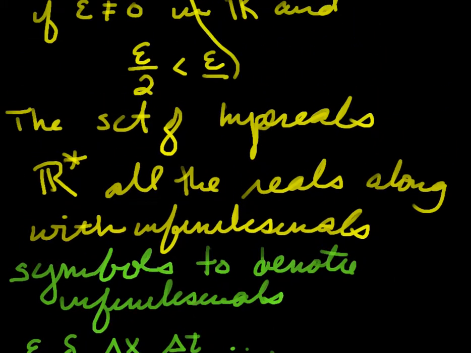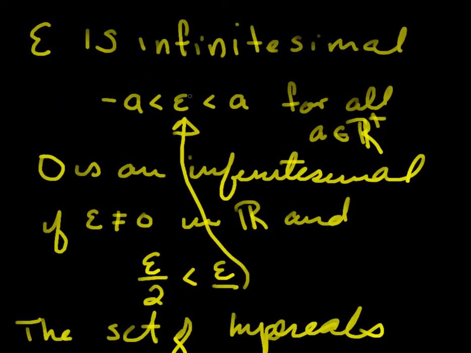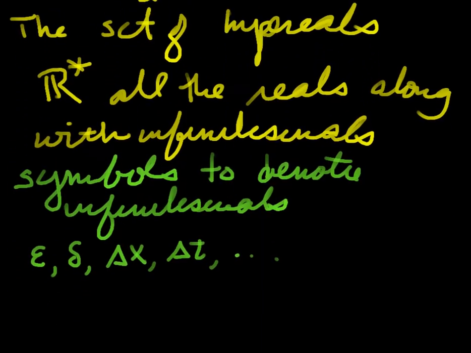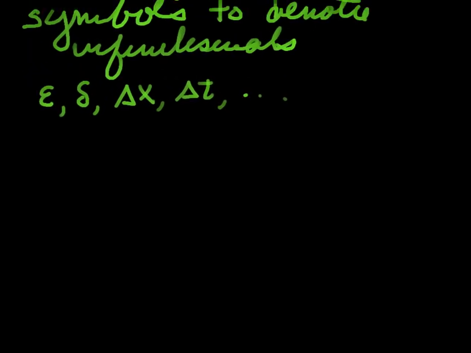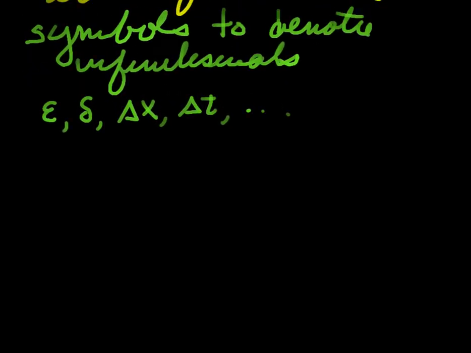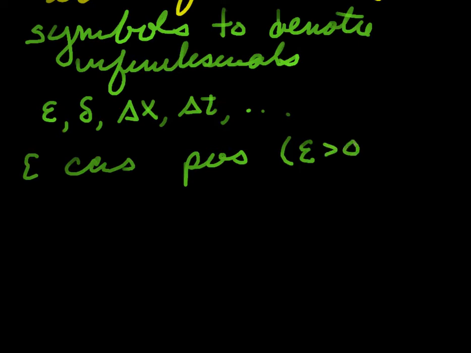So it's something that is smaller than every positive real number and bigger than every negative real number. And just like the real numbers, an infinitesimal can be positive, it can be negative, and in one case it can be real. So epsilon can be positive, in which case epsilon is bigger than 0. It can be negative.